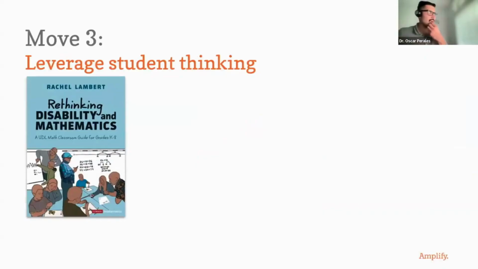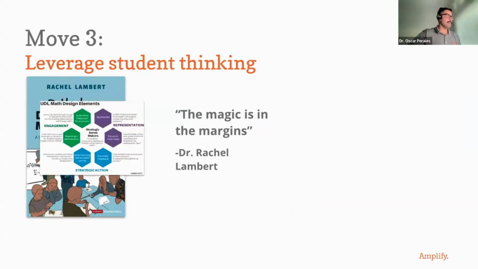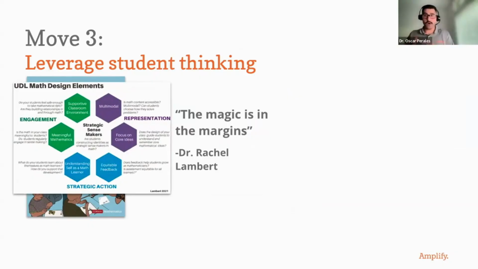And then finally, as we talk about leveraging student thinking, one of my favorite books out there is Dr. Rachel Lambert's "Rethinking Disability in Mathematics." And she really talks about how the magic is in the margins, right? When we are designing our lessons, we don't design it retrospectively for our marginalized students, we design it with them in mind. The magic is in our margins, in our marginalized students.